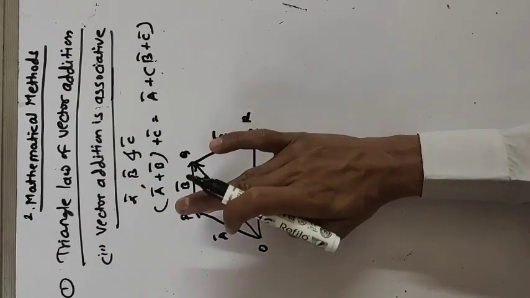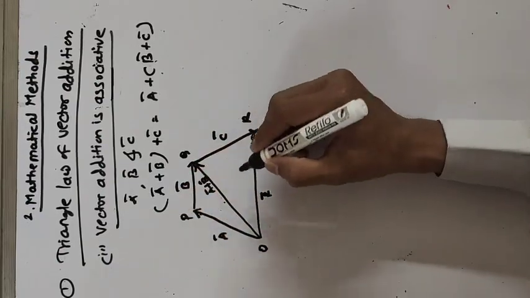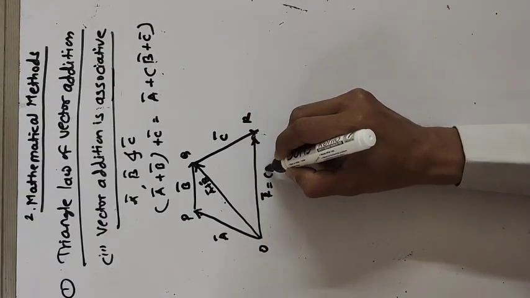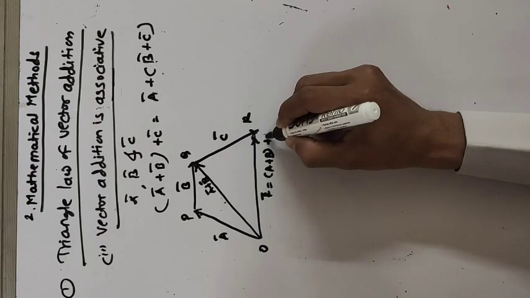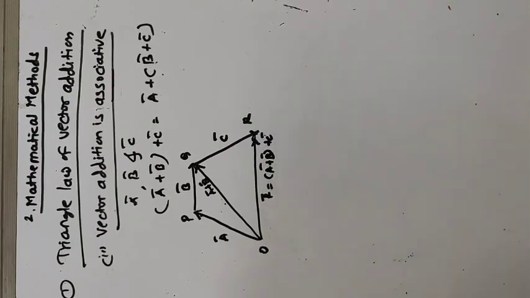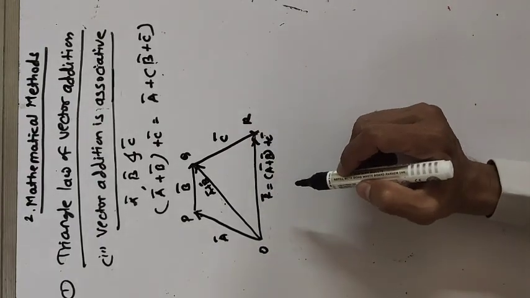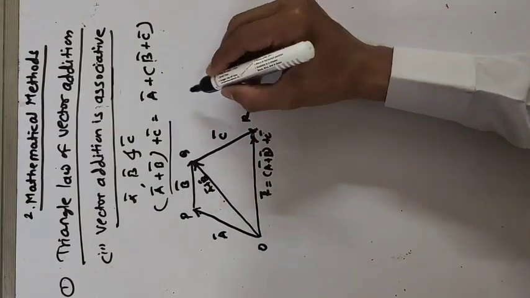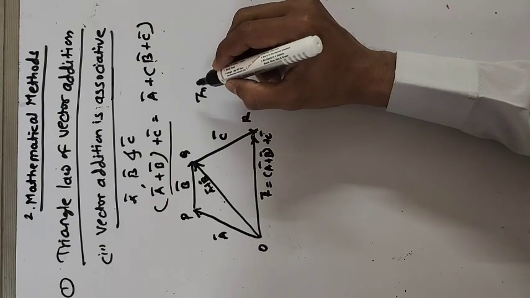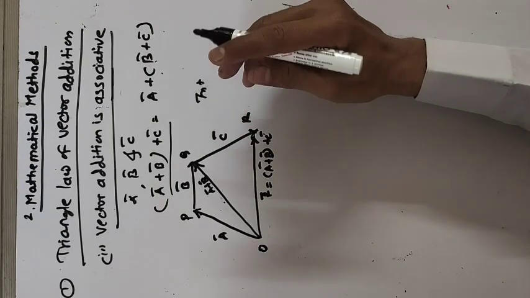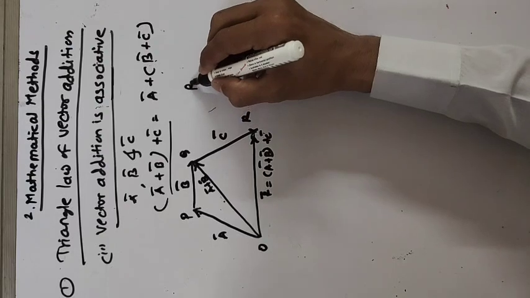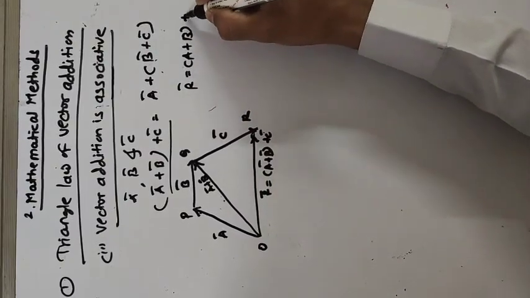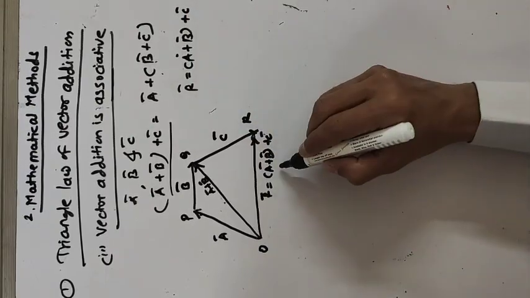Now how do we get this resultant? This is a plus b plus c bar. Okay, in this way we get the resultant. This is the first part, where we get the resultant a plus b plus c bar.